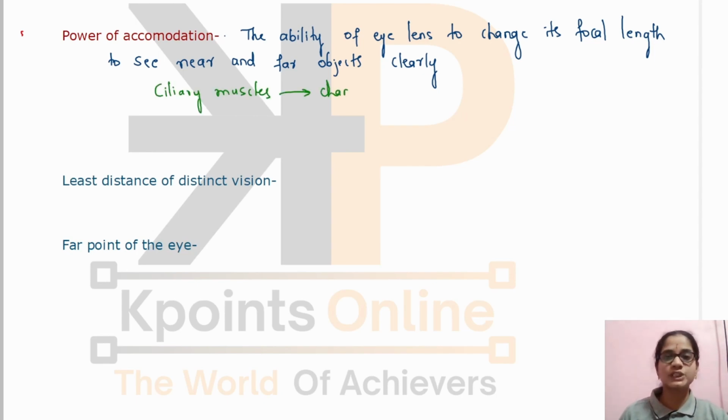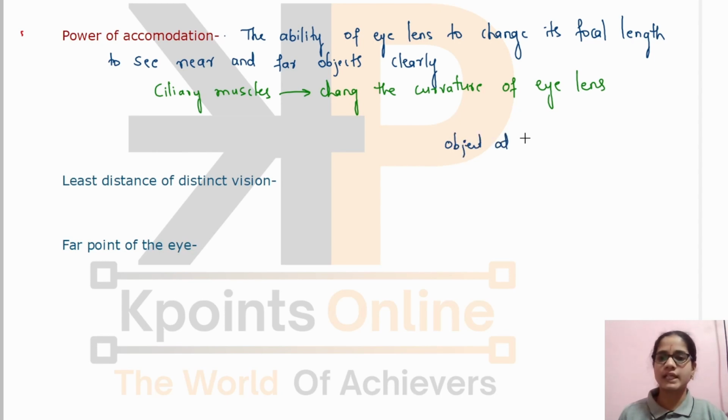Let's see how this works. Let's see here how the focal length of the eye gets changed by ciliary muscles. Suppose the object is at a far distance from us. What happens here? The ciliary muscles are relaxed when the object is at far distance.